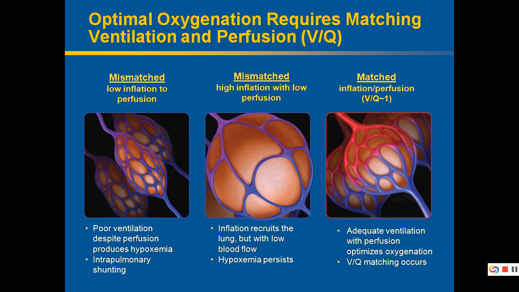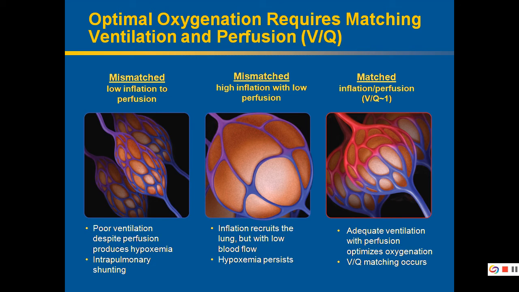So in this situation on the far left, an alveolus is not very well inflated. There's adequate blood flow, but since it's not inflated, they can't get oxygen into the blood. So deoxygenated blood comes in, the alveolus is not adequately inflated, so oxygen doesn't get put into the blood, and it leaves still hypoxemic.